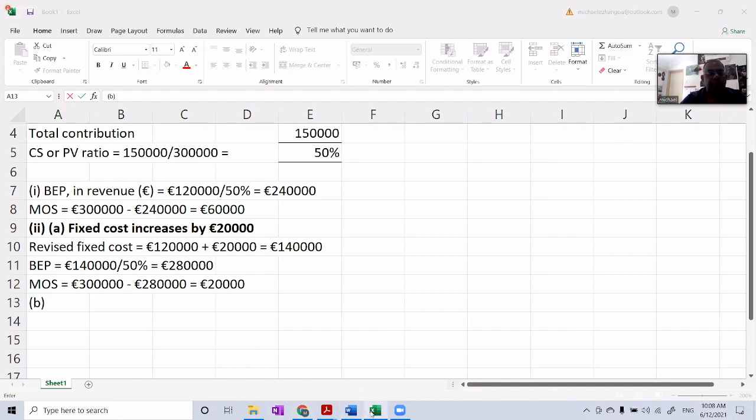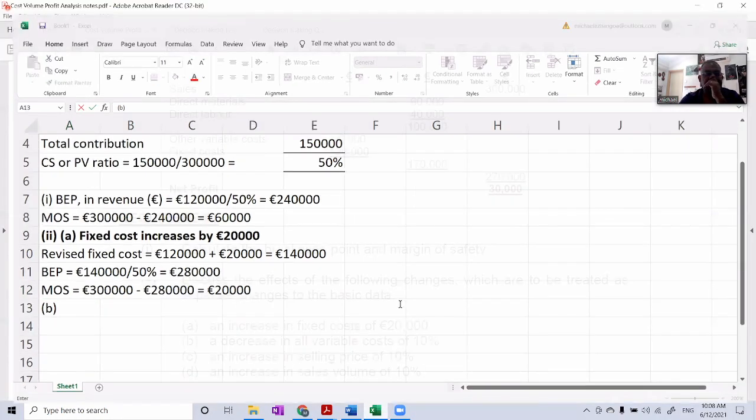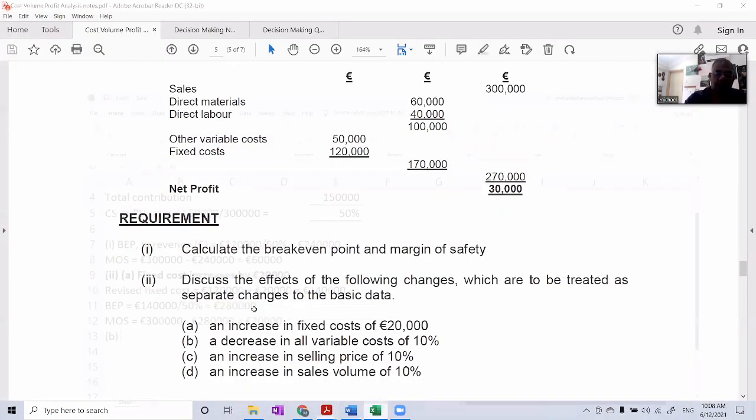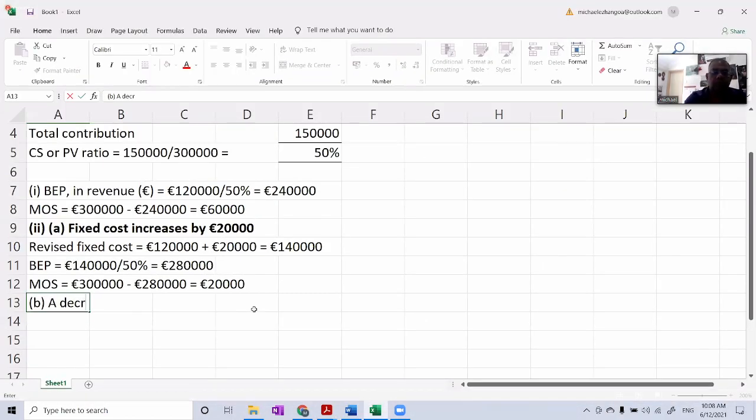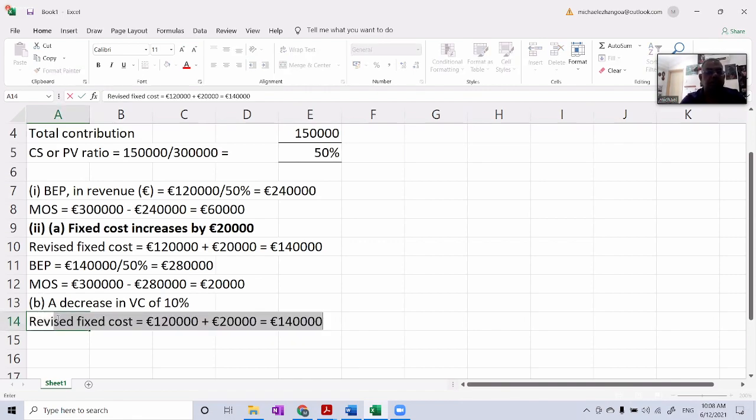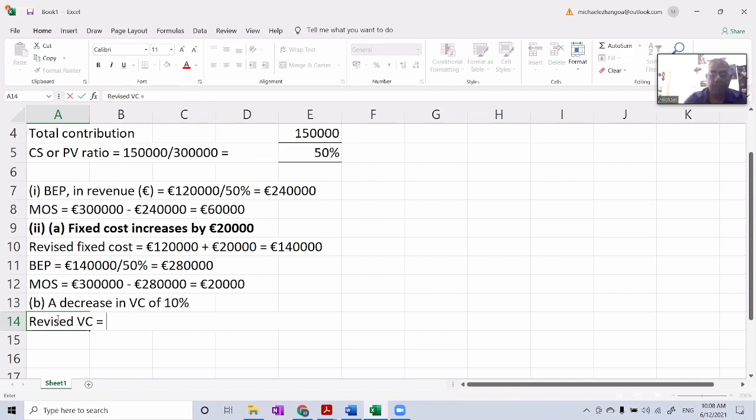Right, now part B, it says a decrease in variable costs of 10%. So variable cost is reduced by 10%, revised variable costs will be 150,000 times 90%, which gives me 135,000.